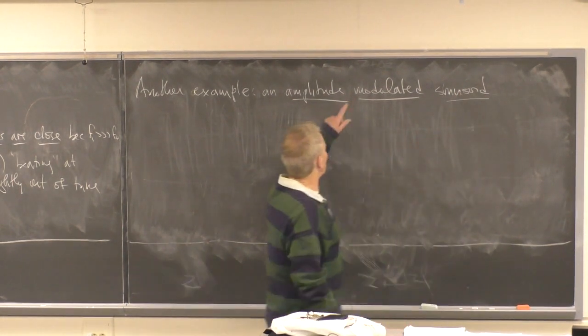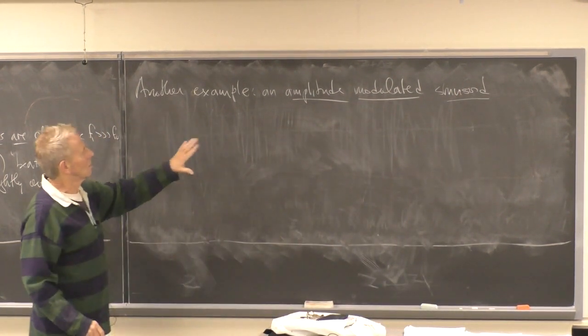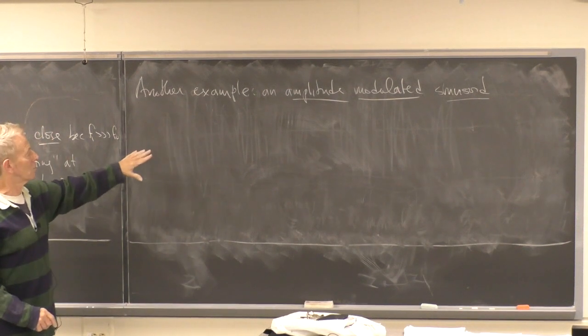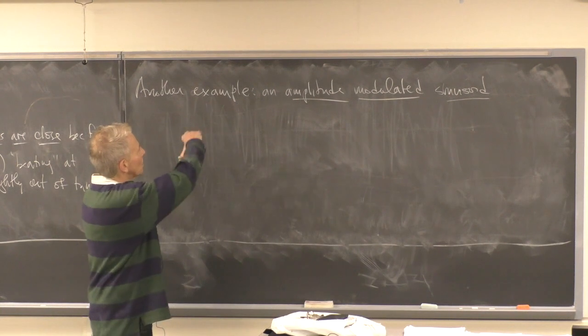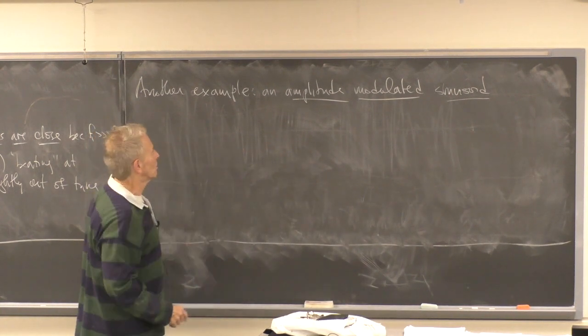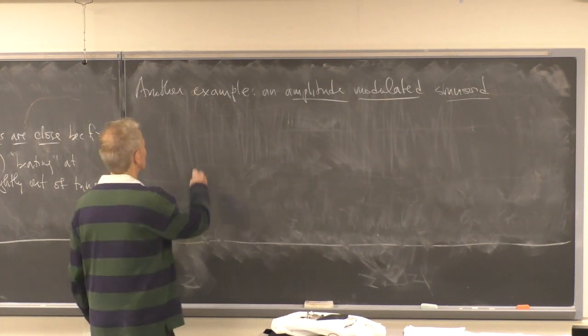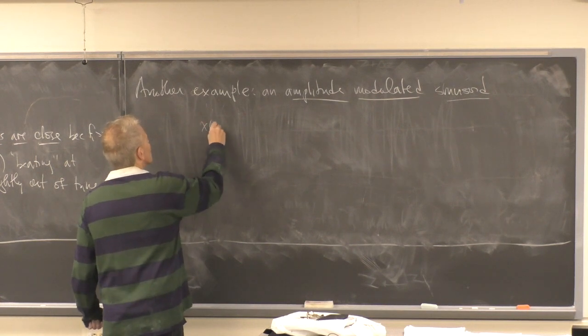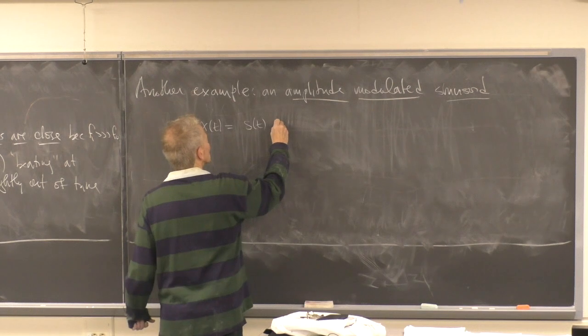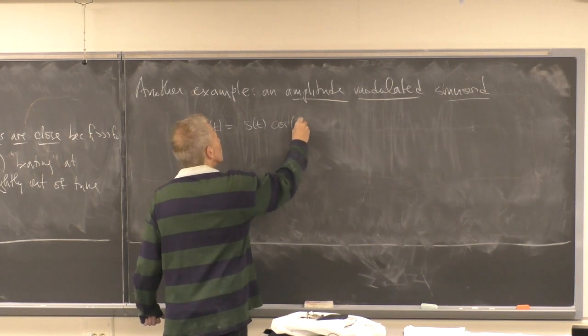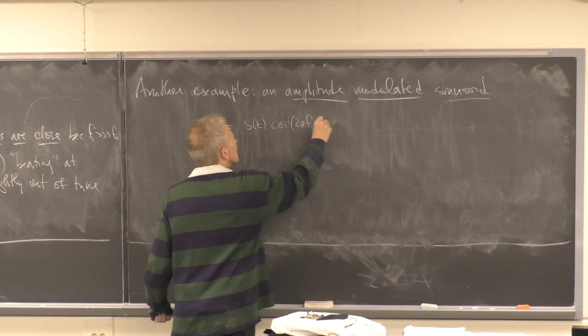And I avoided using the M word much when I was talking about the beat example. But this one is going to have something that always has a positive modulation envelope. So this is what it's going to look like: s of t times cosine 2 pi fc t.